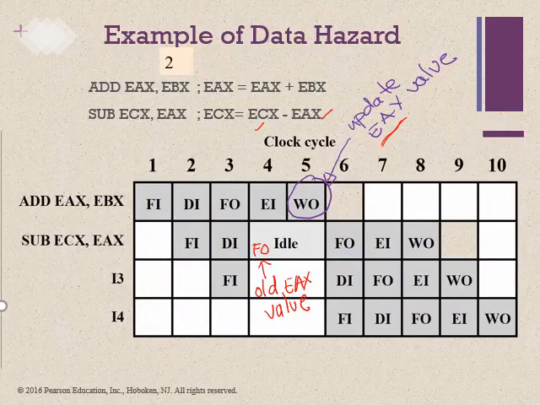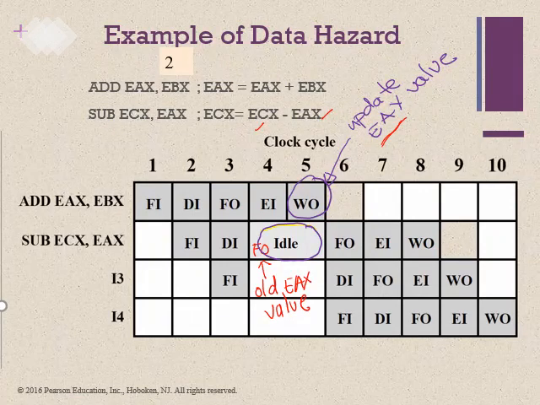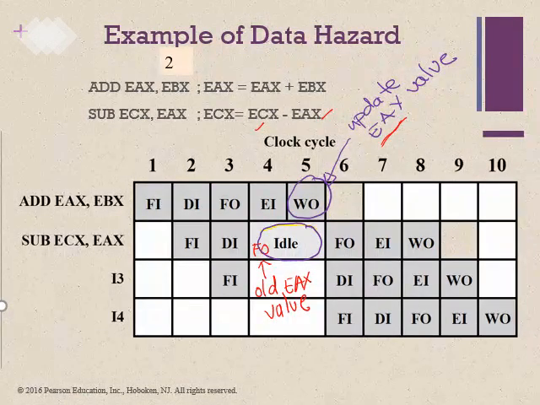If you're using pipeline, what we need to do is idle the stage for instruction 2, for the sub instruction. To maintain the correct operation, the pipeline must stall for 2 clock cycles.